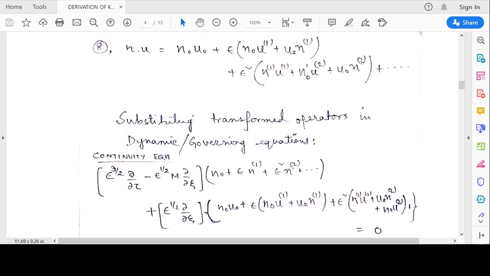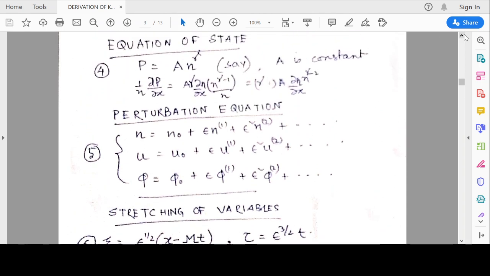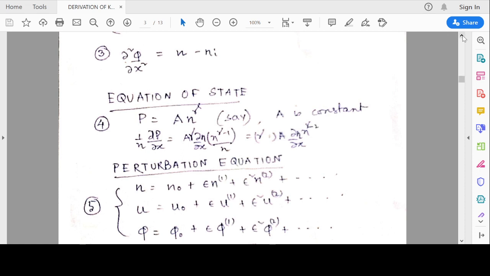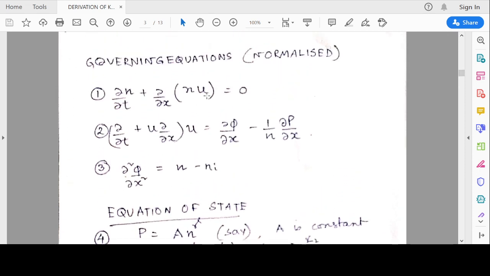Okay. Now in the continuity equation, just to give you a glimpse, in the governing equation we had n into u. Both terms had perturbative expansions. n has its own perturbation expansion, u had its own. So while taking the product, it will have some product kind of terms which we need to check.